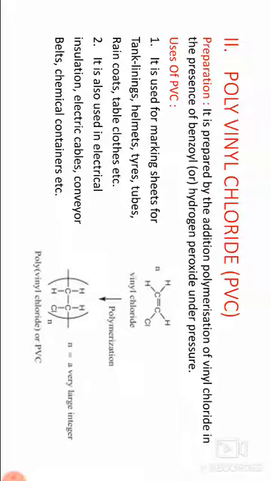Uses of PVC. It is used for making sheets for tank linings, helmets, tires, tubes, raincoats, tablecloths, etc. Second, it is also used in electrical insulation, electric cables, conveyor belts, and chemical containers.